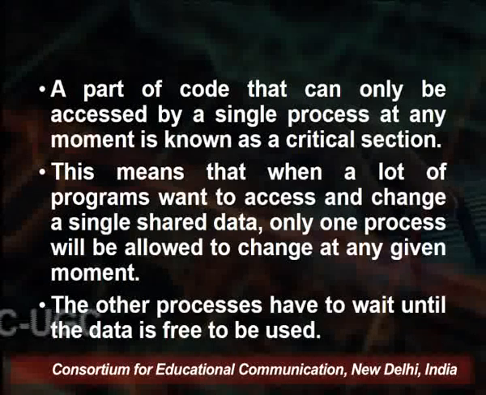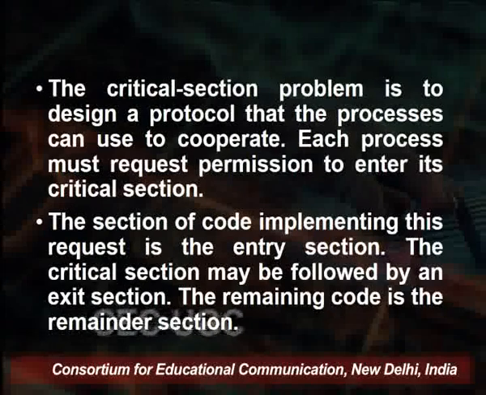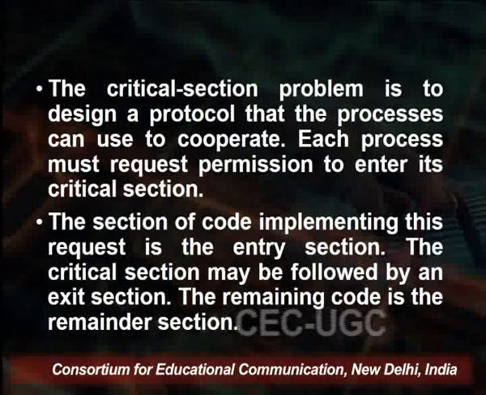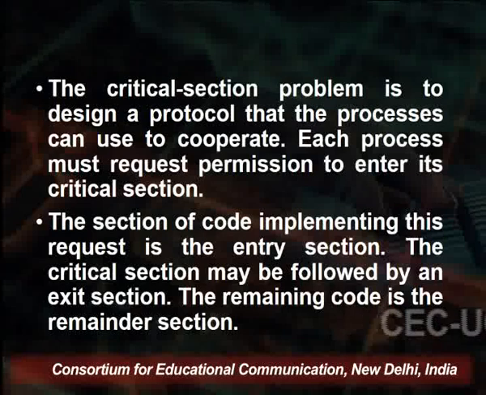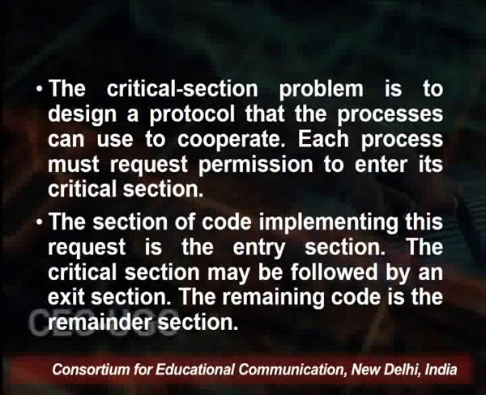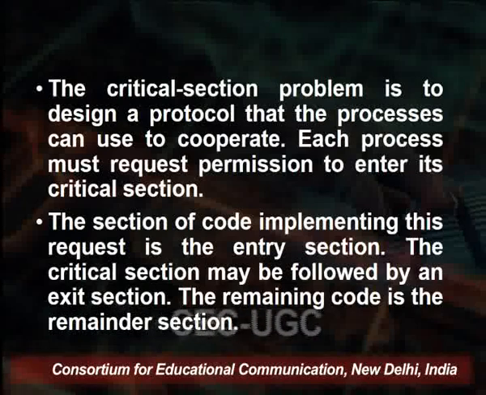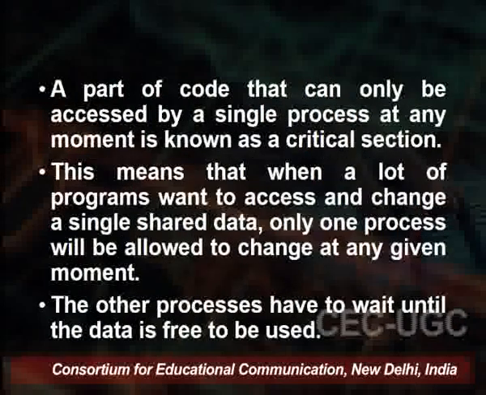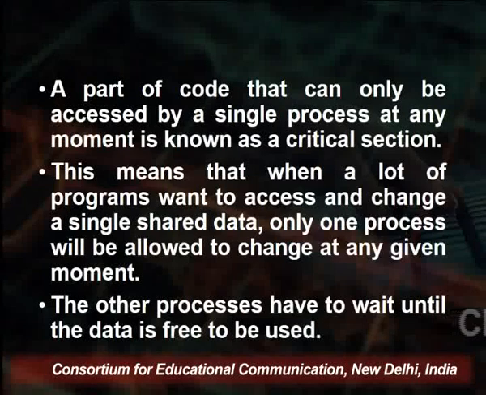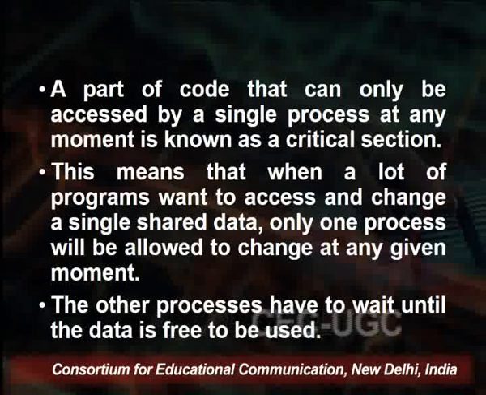So, if one process is entering its critical section, no other process is allowed to enter unless the first one comes out, because in the critical section it is going to update tables or write on shared data. So, only one process will be allowed to change any shared data at a given point of time.